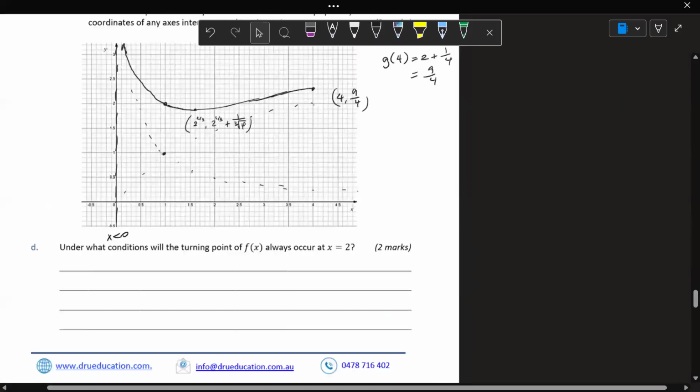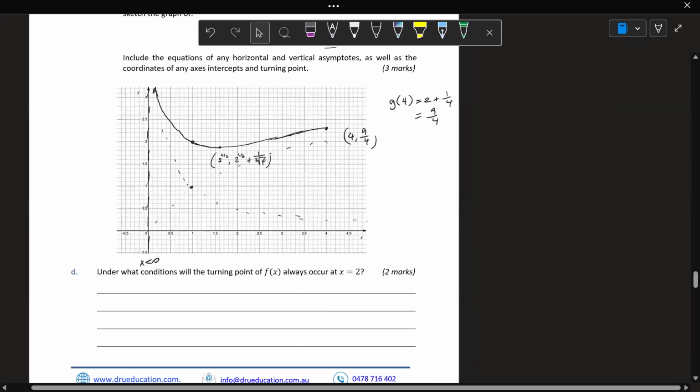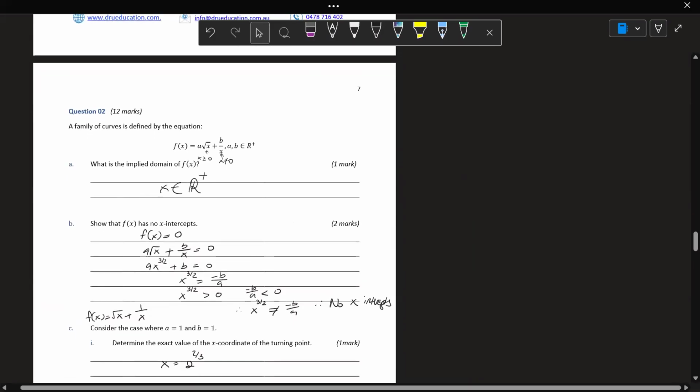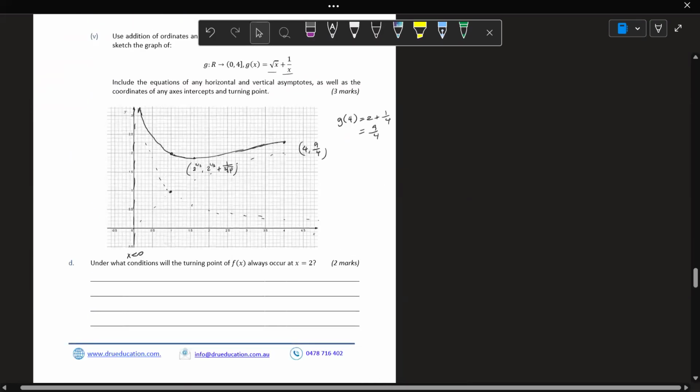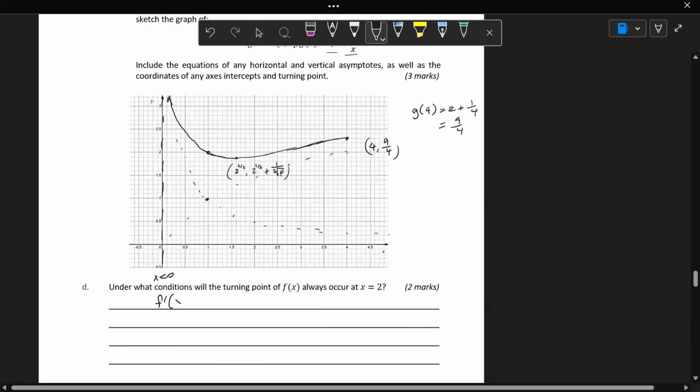Yeah. So under what conditions will the turning point of f of x always occur at x equals 2? So f of x is the original equation with a and b. So f dash x is the derivative of that.